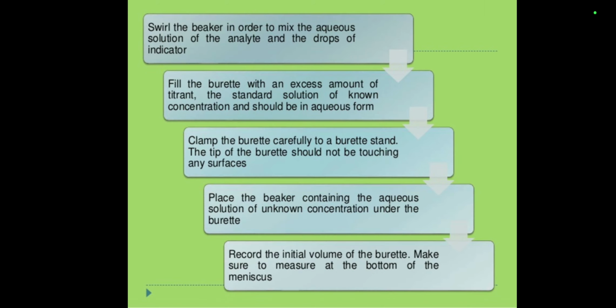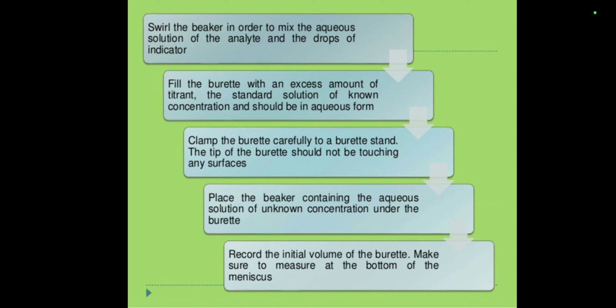Okay, so let's proceed. Swirl the beaker in order to mix the aqueous solution of the analyte and the drops of indicator. This is the continuation of the first slide. Fill the burette with an excess amount of titrant, the standard solution of known concentration, which should be in aqueous form. Clamp the burette carefully to a burette stand.